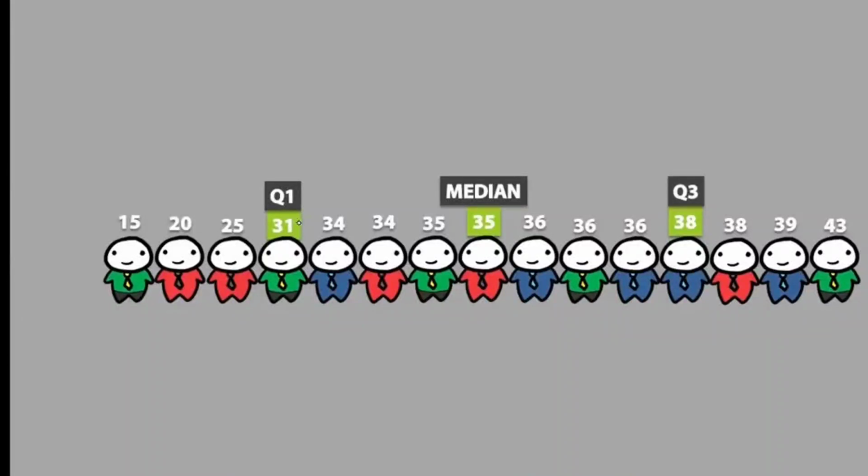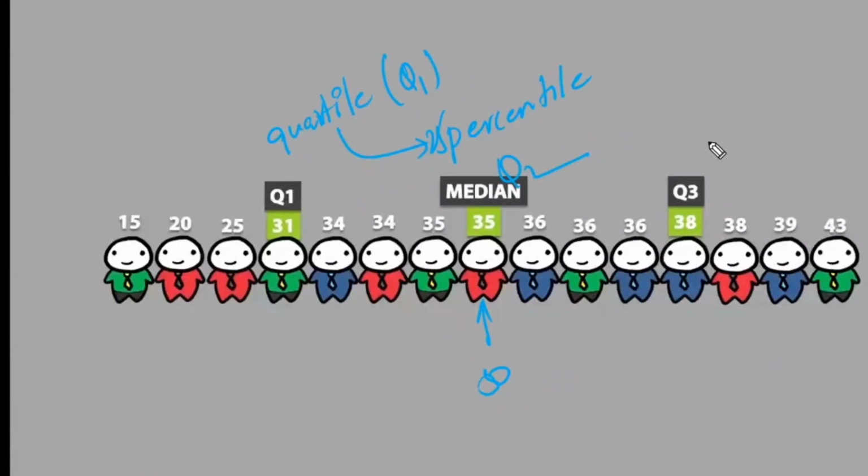Q1 means 25 percentile. It is also called a quartile, not quarter, quartile. Quartile means Q1: tile means percentile, and percentile means 25%. The 25 percentile is represented by Q1. Median, which is the 50 percentile, is also represented by Q2. 2 quarters, half, right?